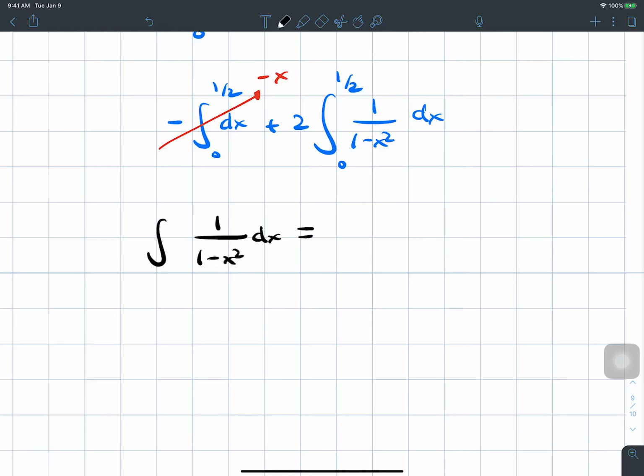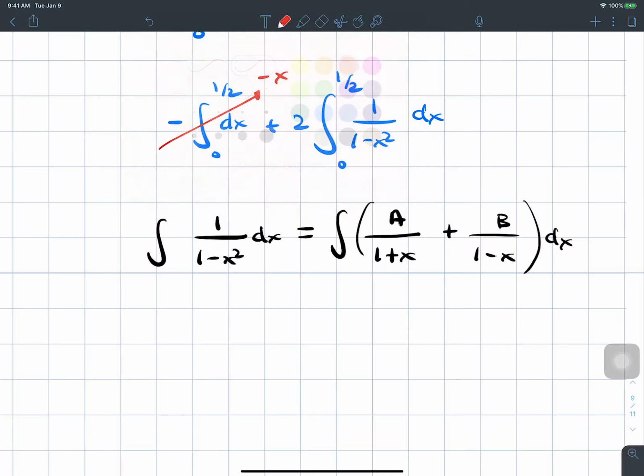There's a couple of ways we can do that. I'm going to say, if we consider a/(1 + x) plus b/(1 − x), you might say, where are we going with this? What was that procedure? Partial fraction decomposition.